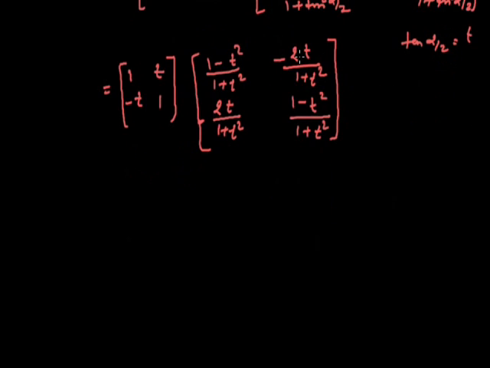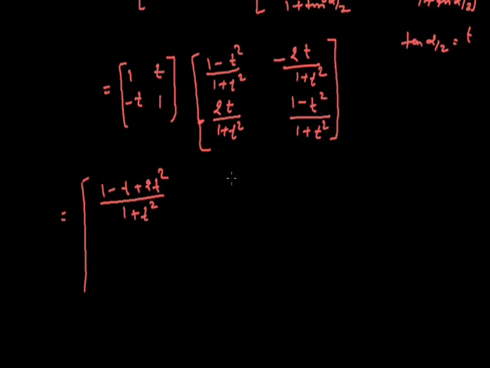Now let's simplify the first thing. Now 1 is multiplied with 1 minus t square upon 1 plus t square, and t is multiplied with this. So finally I get 1 minus t plus 2t square upon 1 plus t square.